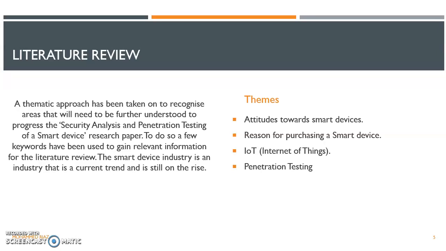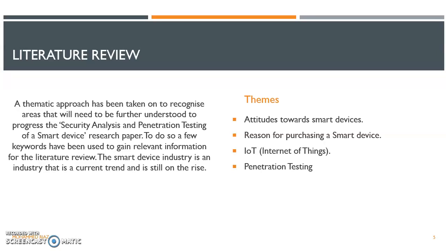So then for the literature review, the main source of my literature, but it wasn't limited to, was databases. An example of a database that was used was Google Scholar. This was beneficial as it allowed me to read literature that was from a trusted author and that was quite relevant, so it wasn't outdated. The primary themes for the literature review were as follows: attitudes towards smart devices, the reason for purchasing a smart device, and the next two being IoT and penetration testing.